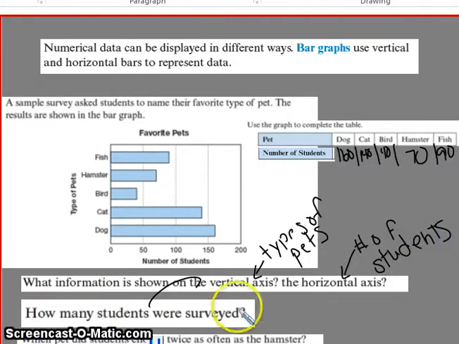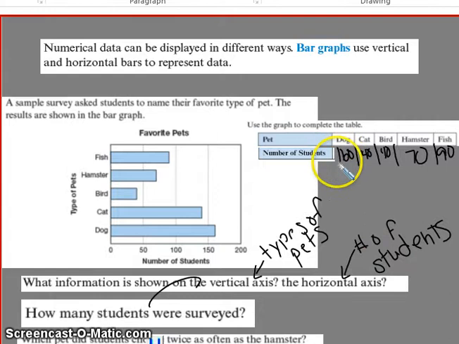Now they want to know how many students were surveyed. It doesn't tell us in the information about the graph how many students were surveyed. So we're going to need to use this number of students category that we have right here. They only asked about their favorite type of pet, which means each person would have only one response. So if we find the sum of all the people that have each favorite pet, then we can find how many students were surveyed.